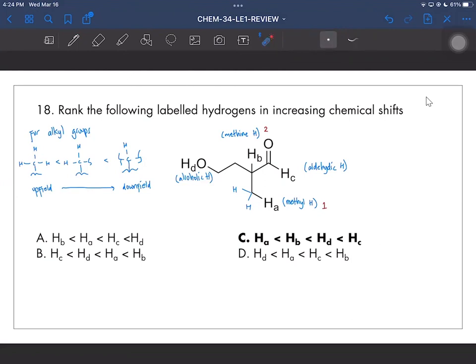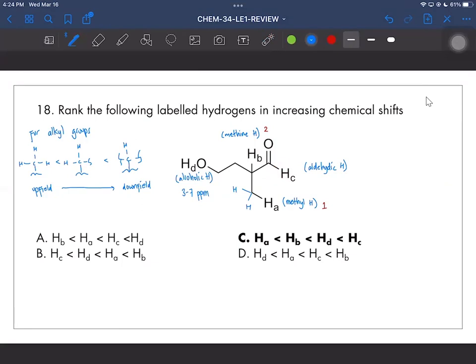So the only groups left are the alcohol and the aldehyde. So alcohols, since the hydrogen in alcohol is bonded to electronegative O, it is naturally deshielded, and we find these shifts at around 3 to 7 ppm. But yung aldehydes natin are bonded to the carbonyl group, and carbonyl groups have a very strong electron withdrawing effect on this hydrogen. Now it strongly deshields this hydrogen.